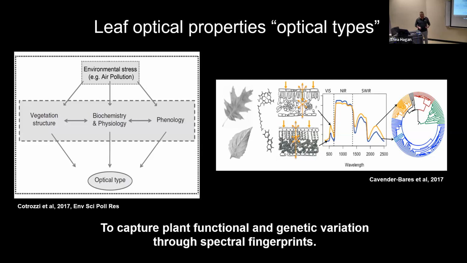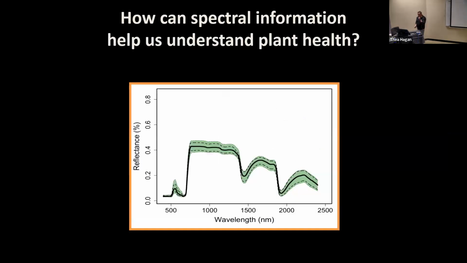There's enough biochemical and structural variation linked to genetics in plants that spectral data can collect, that you can start to build trees based on differences in structure and different compounds. So if this is chlorophyll, here's a flavonol subunit. All of those have different absorption features. Again, you can start to group plants into these different constructs.